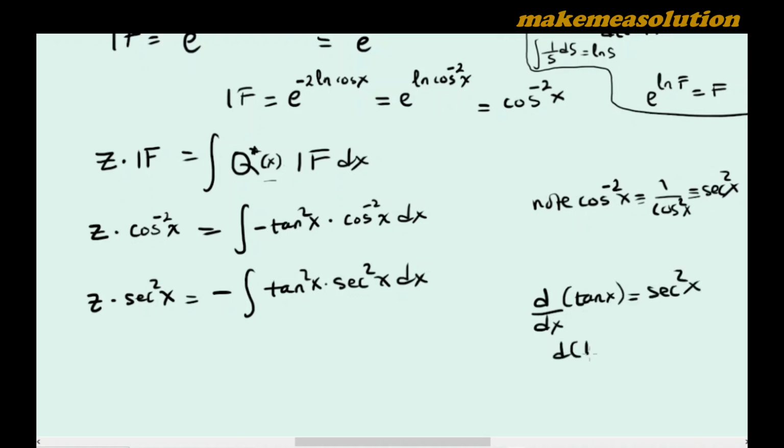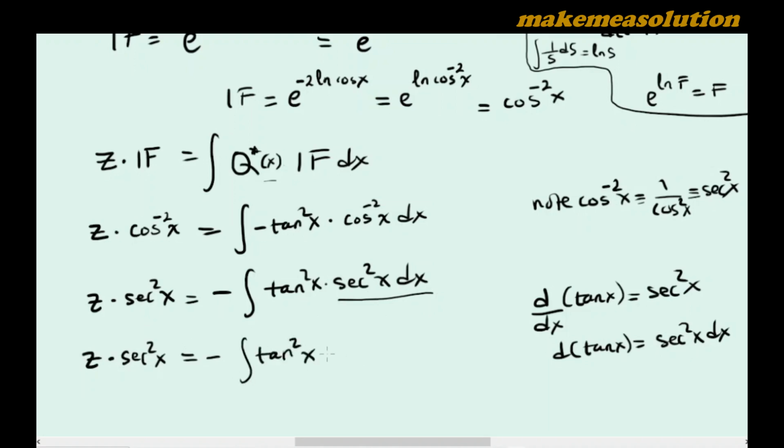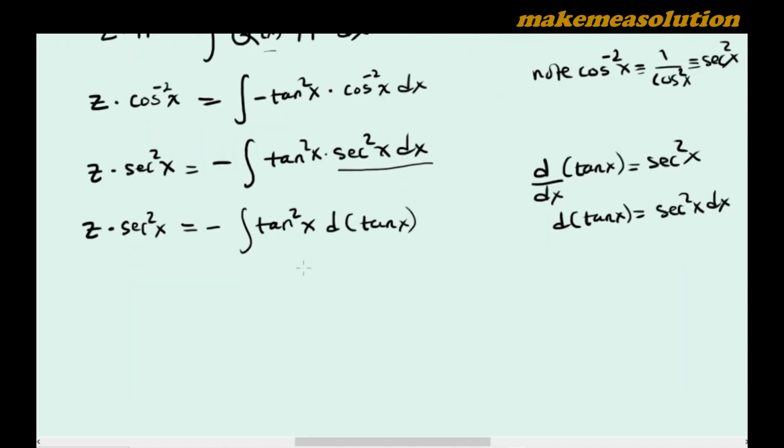So in other words, d of tan x is actually what? Sec squared x dx. So this sec squared x dx here can be replaced with d of tan x. So z sec squared x is equal to negative integral of tan squared x d of tan x. This is what this hand becomes.